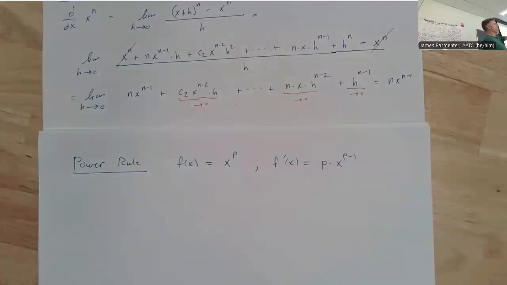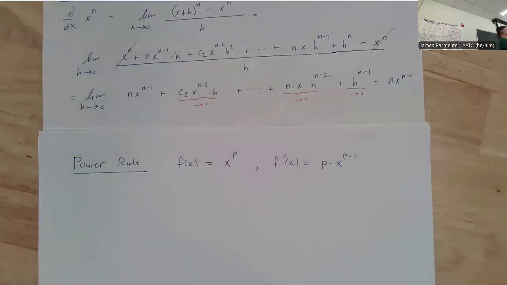A couple things of note. We proved this, but we only proved it for powers that are positive integers, because that Pascal's triangle expansion only works when your power is a positive integer. That said, the power rule is true even if p isn't a positive integer.